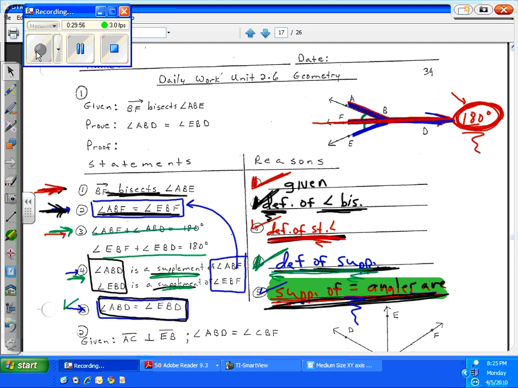The next needed statement is this one. Its reason is given, and we don't need any more statements to say given, and so that reason is justified. It needs no more statements. All of a sudden, we realize that every single statement is needed, every single reason is justified, so we must have done our proof correctly.